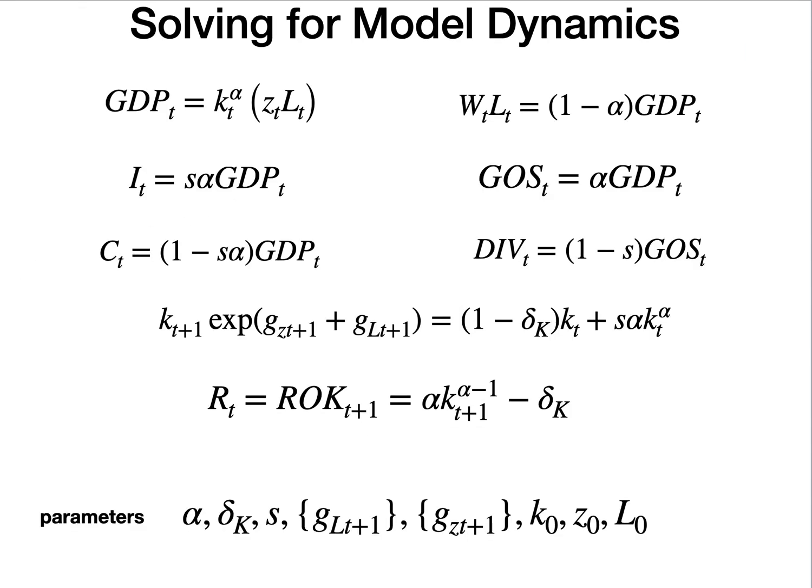So this is a presentation of the restated equations of the model. You notice now that output is the capital to effective labor ratio, little k, which is big K over Z times big L, all raised to the power alpha, but then multiplied by Z times L linearly.